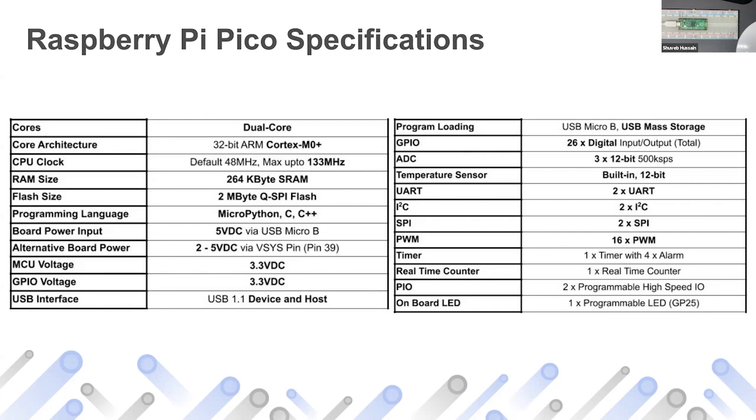A vast majority of circuits actually use 3.3 volts. For example, your phone is very likely using 3.3 volts, right? And of course, it has USB support. It can be both a device and the host. You can load your programs.